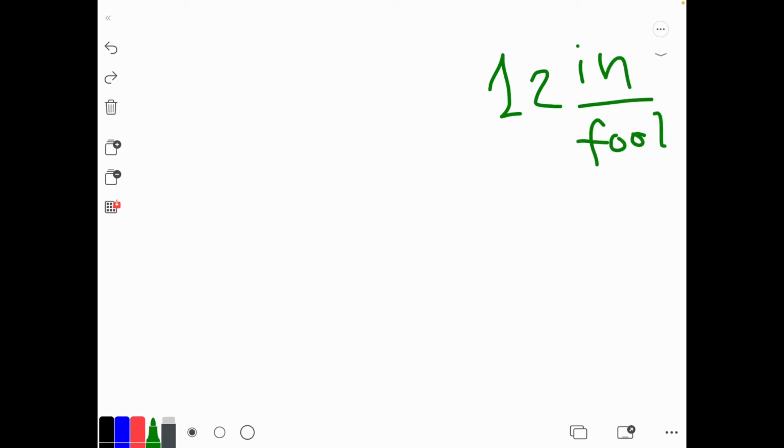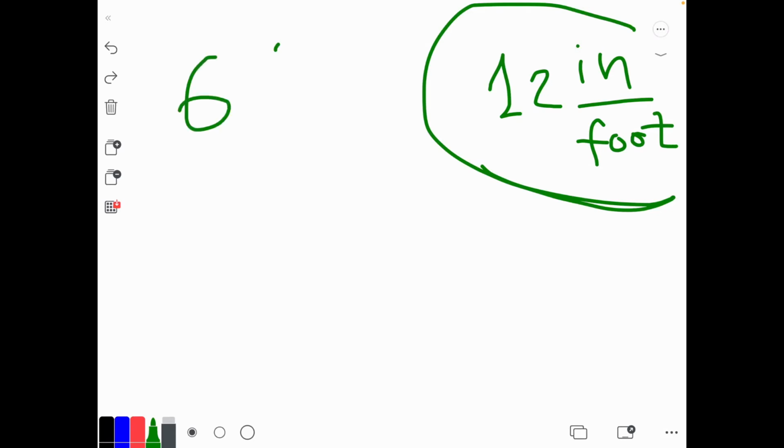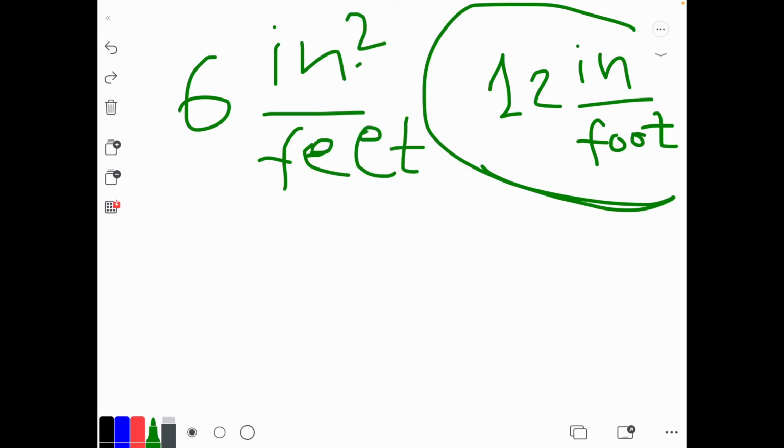That's because we use this very standard way of converting inches and feet, the standard basis for our units. But over here, with the square I have, I'm going to get 6 inches per foot, or 6 inches squared over my feet squared.